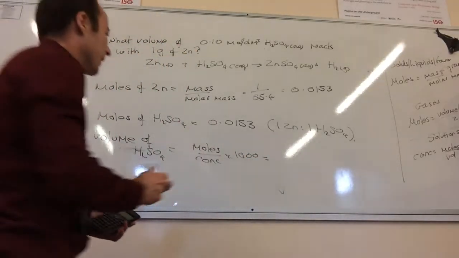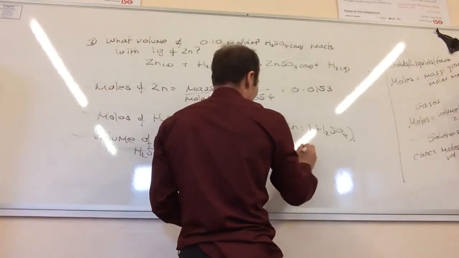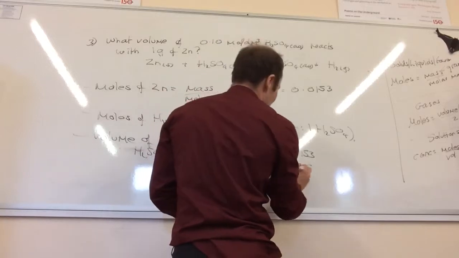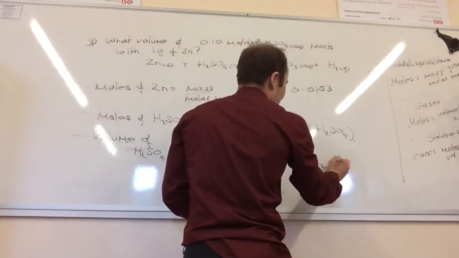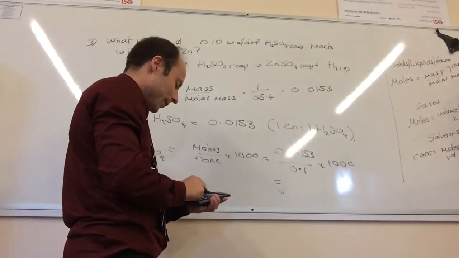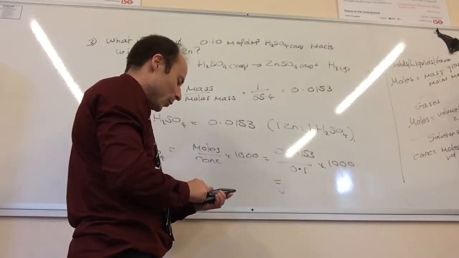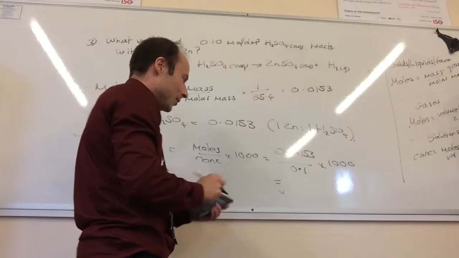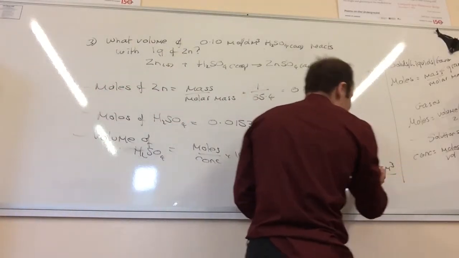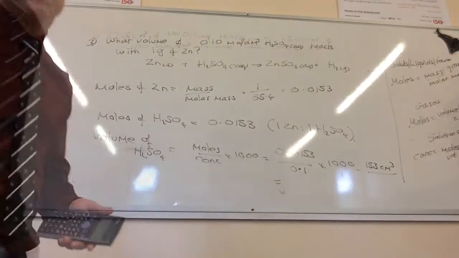So moles is 0.0153, concentration is 0.1 times 1,000. So it's 0.0153 divided by 0.1 times 1,000, and that equals 153 centimetres cubed, like so.